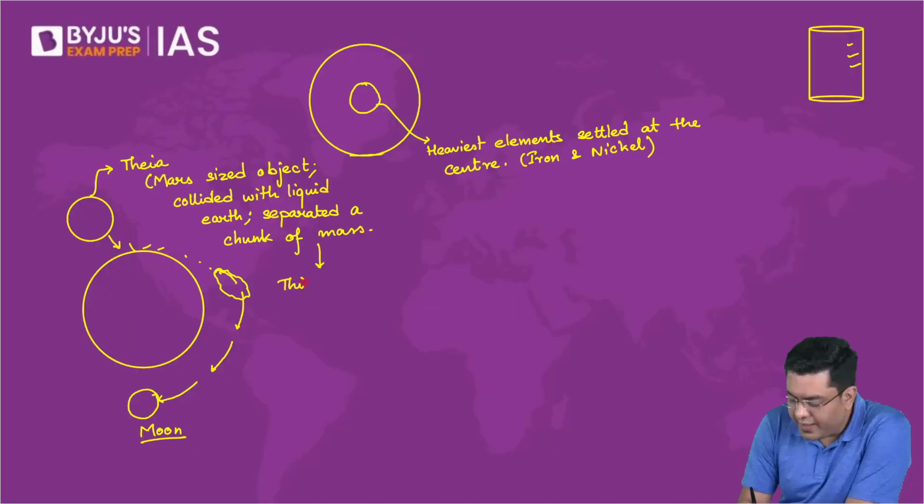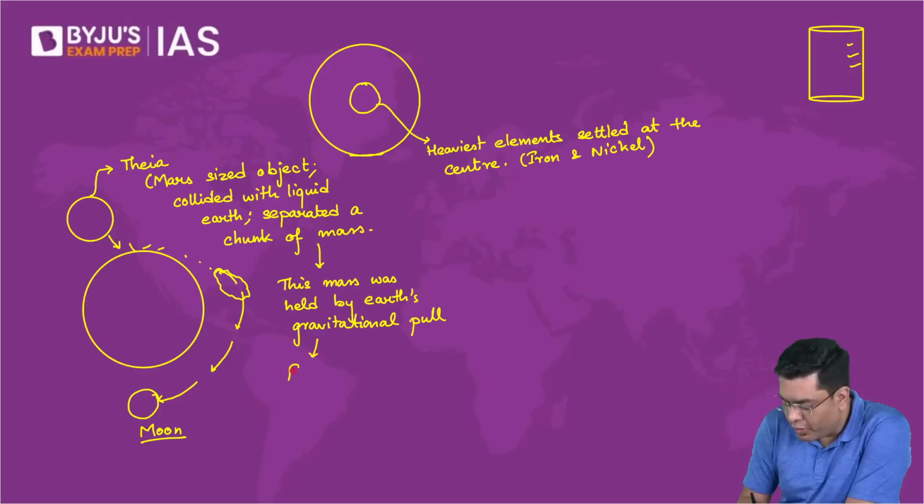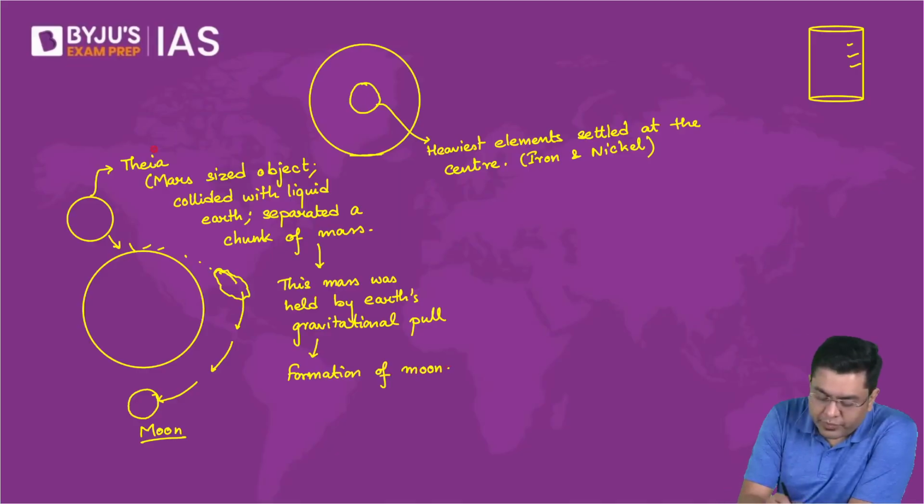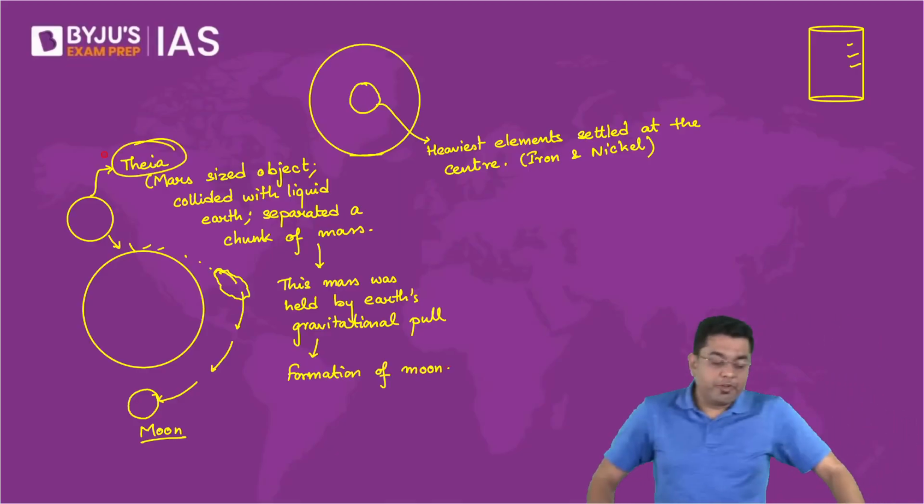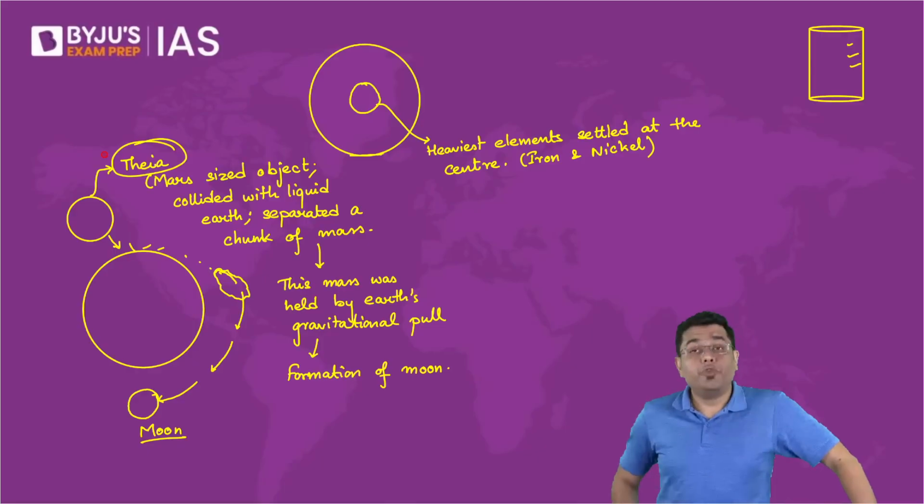This mass was held by Earth's gravitational pull, and this led to the formation of the moon. So this was your large object Theia, which collided. And that is how the formation of the moon happened.